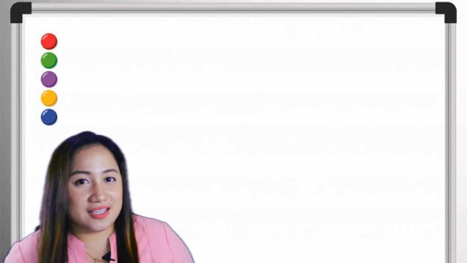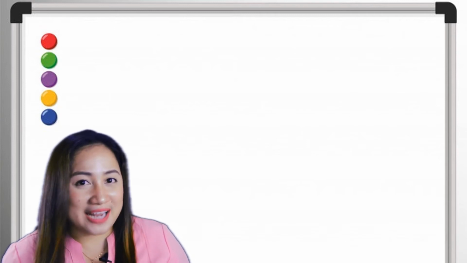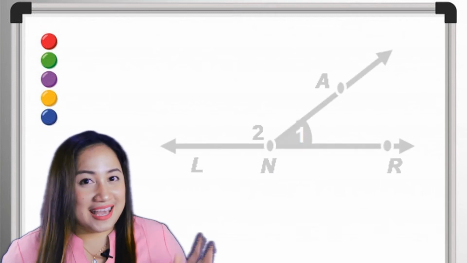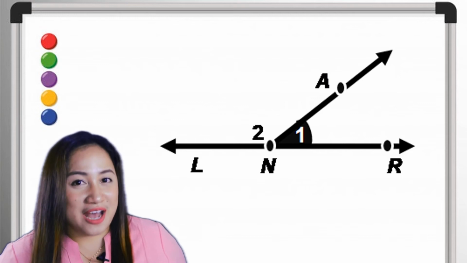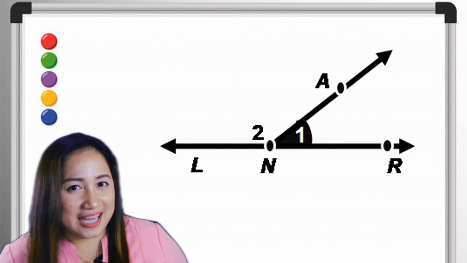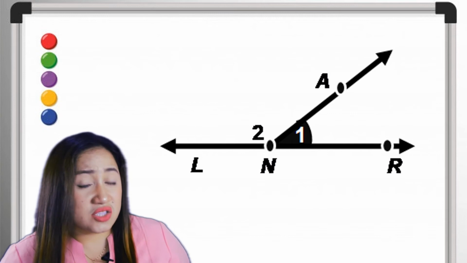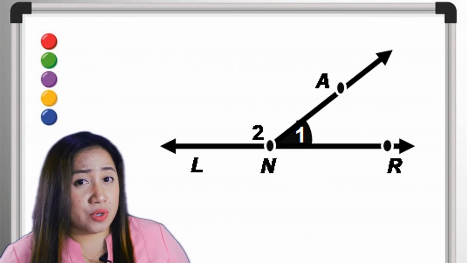When naming an angle, we make sure that its name corresponds to the correct angle we are referring to. In this figure, we can find two angles, but any of these angles can't be named angle N because it will lead to confusion. It is hard to determine which angle we are referring to.